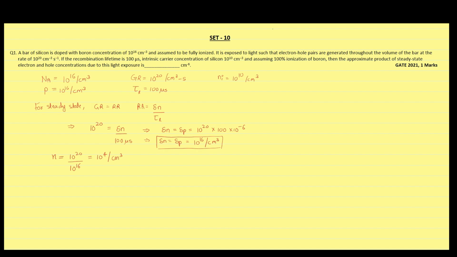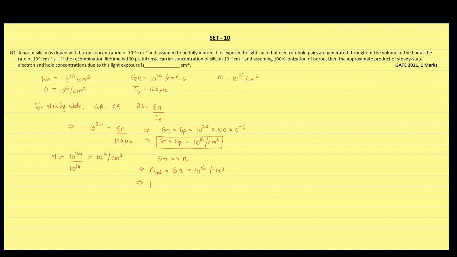You can see that the excess minority carrier concentration, which is free electron concentration, is significantly greater than thermal equilibrium free electron concentration. Therefore, we can assume that the net free electron concentration is approximately equal to excess carrier concentration, which is 10 raised to the power 16 per centimeter cube.